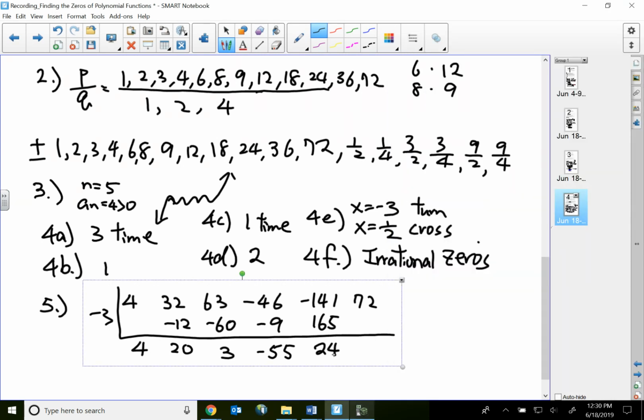So -3 times 24 is -72. That's how my remainder becomes 0.